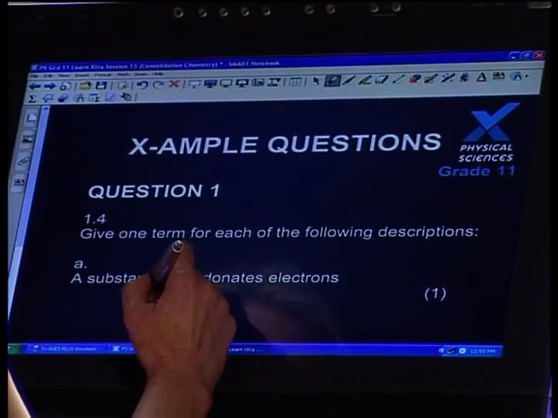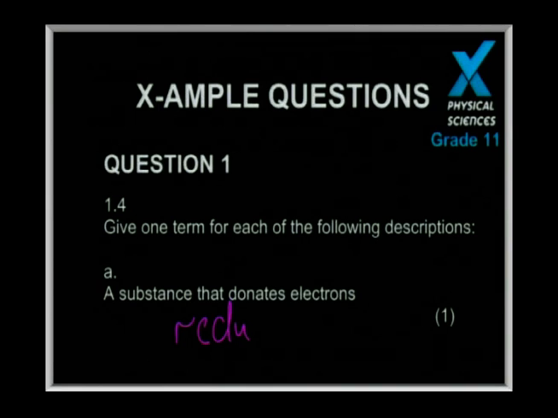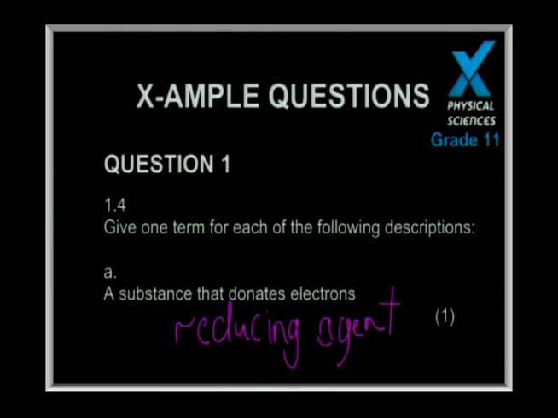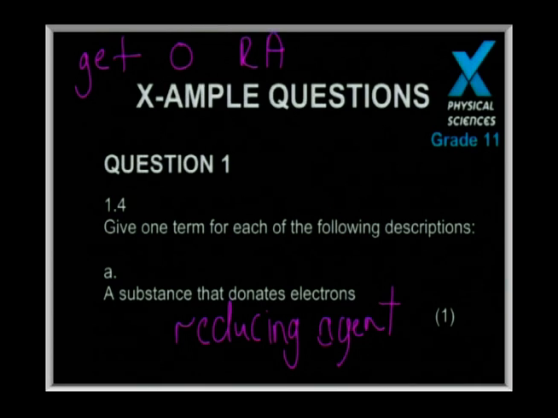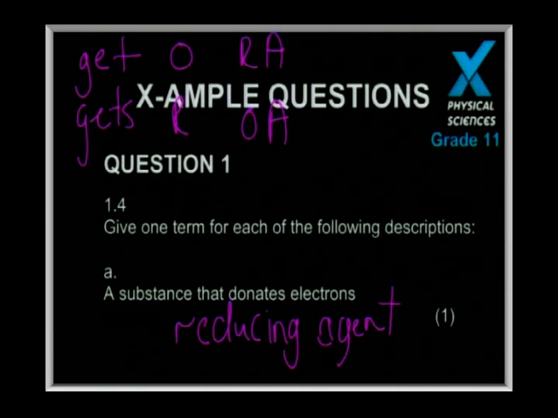So what I'm going to say is that it is a reducing agent. I just don't think gets oxidized would have been quite acceptable. But remember, whatever gets oxidized is the reducing agent, and whatever gets reduced is the oxidizing agent. So substance that donates electrons is a reducing agent.